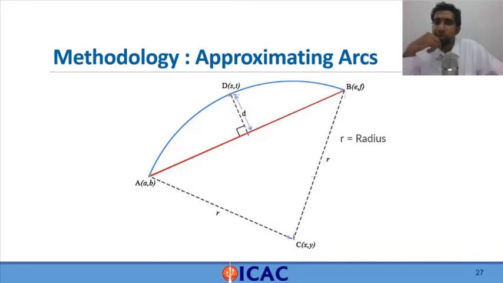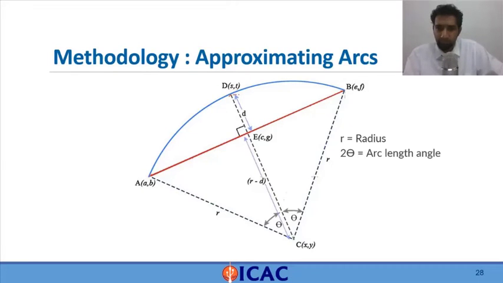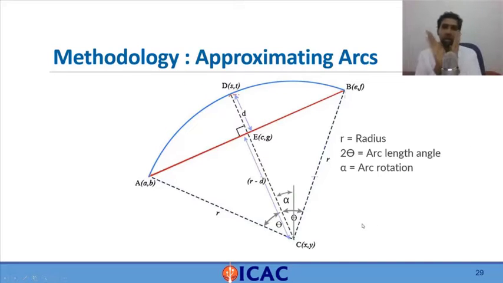But in order to render the arc, you need 4 properties. One is the radius, second is the arc angle length, the angle which this chord makes at the center of the arc, third is the rotation of the arc, how much it is rotated, and of course the center of the circle.